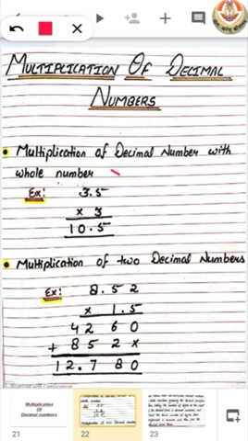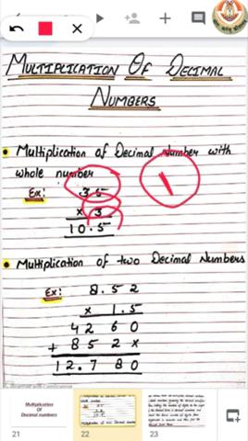So we can see that here we have only one digit after the decimal, and here we have no digit after the decimal. That means total one digit. So for this we have to place the decimal just after one digit from the rightmost side.